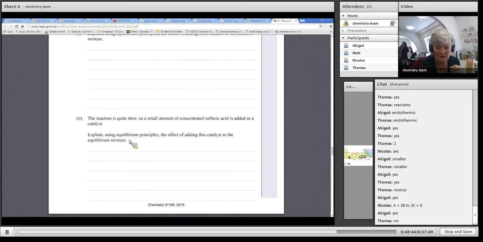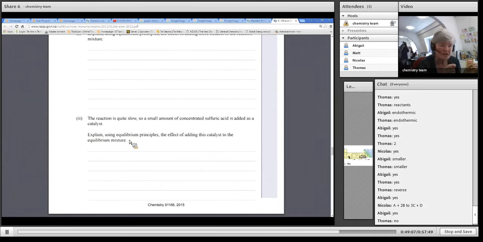Not too sure on that. No, correct, Thomas. It won't. Adding a catalyst or removing a catalyst doesn't affect the equilibrium position at all. What it does do, of course, is increase the rate of the reaction. So you won't see any effect overall. It'll all look exactly the same.